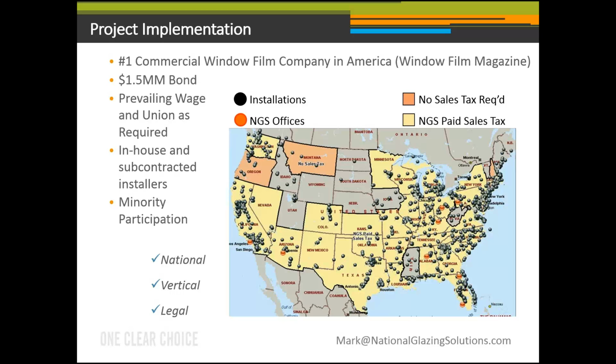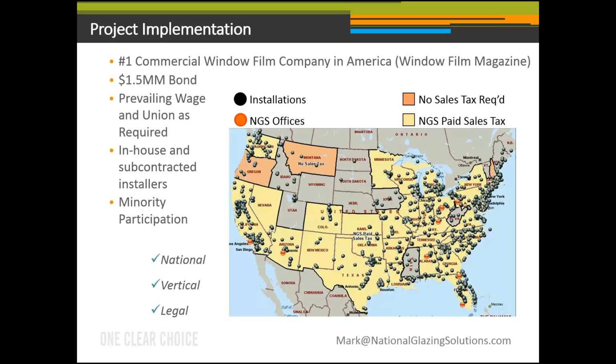And as the number one commercial window film company in America, we have licensing and the bonding and the insurance limits that most window tinters would not consider a necessary investment. We're also experienced in any form of wage structure, including Davis-Bacon and unions, utilizing both in-house and subcontracted installers depending on your needs and depending on the pace of your clients.